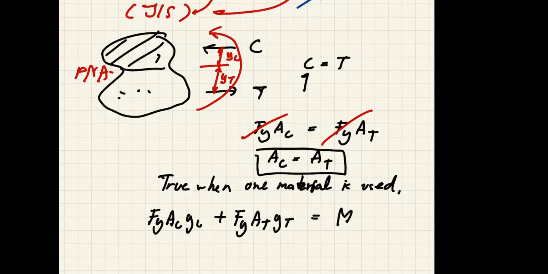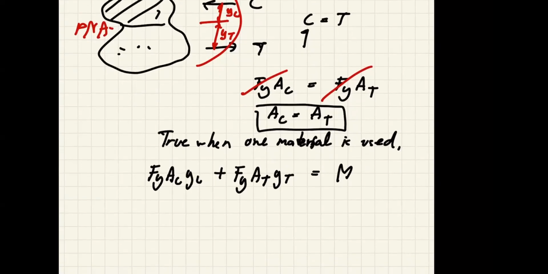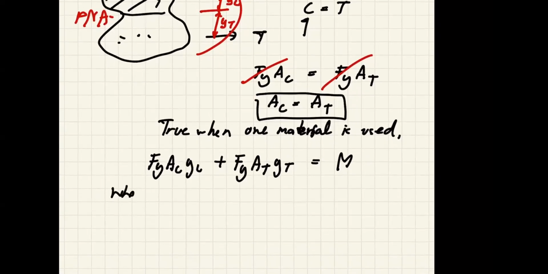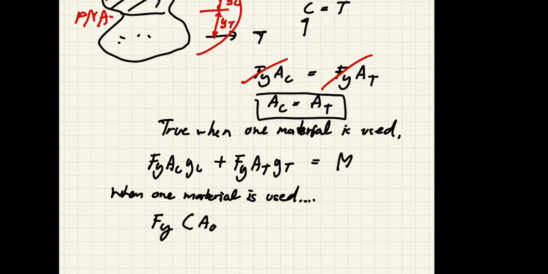And again, when one material is used, it means that we have one Fy, so you can pull Fy out, and you have AC YC plus AT YT equal to moment.